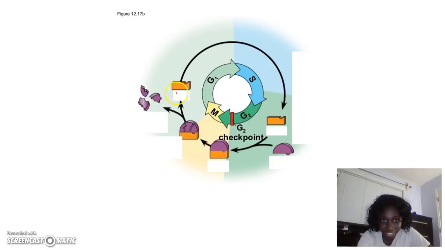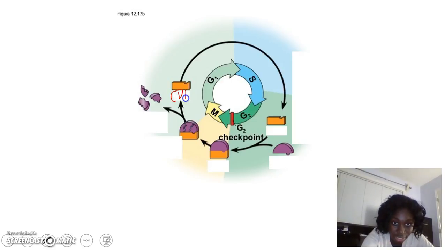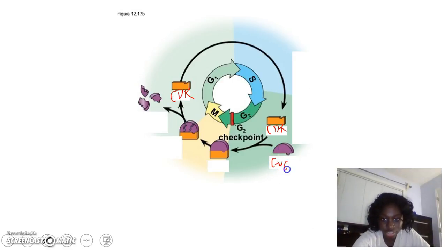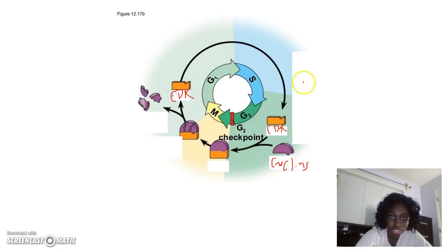Now, in this picture, these are known as the CDKs. These are the cyclin-dependent kinases. And cyclins are right here. I won't label them as just C from now on. These are cyclins. And during G1, you can see that there are no cyclins here because they're not necessary in G1.